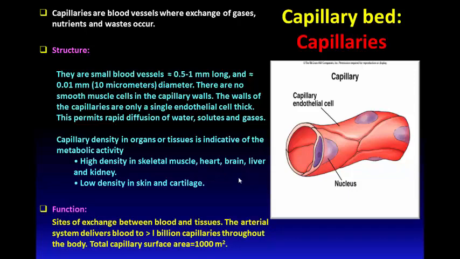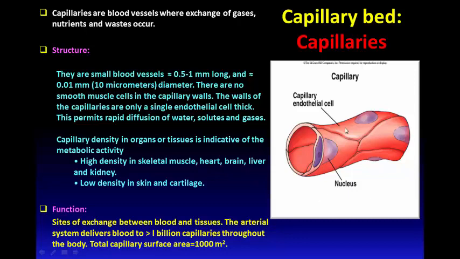Functionally, the capillaries are the main site. They are essentially the sites of the exchange of respiratory gases, nutrients, and metabolic byproducts between blood and the interstitial fluid. The arterial system delivers oxygenated blood and nutrients to more than 1 billion capillaries throughout the body.